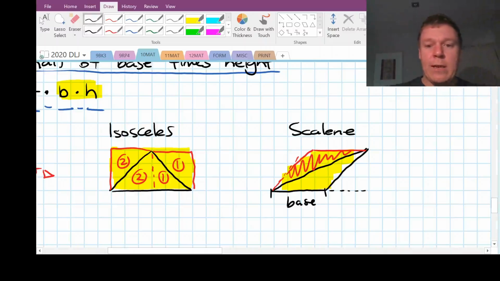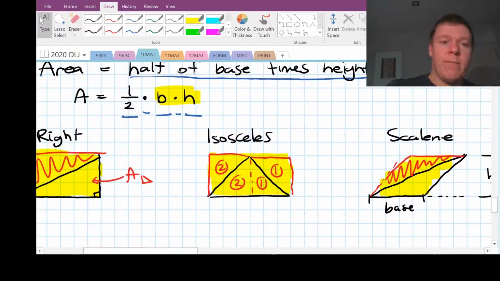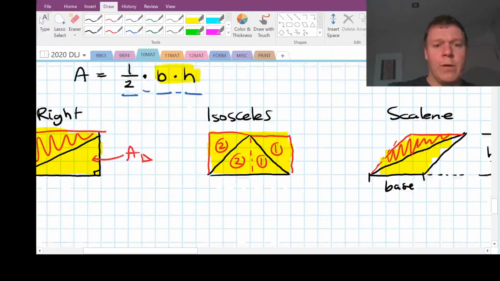This is our base from here to here, and our height is from here to here. So if we cut that parallelogram in half, then we're still using the same base times height formula.